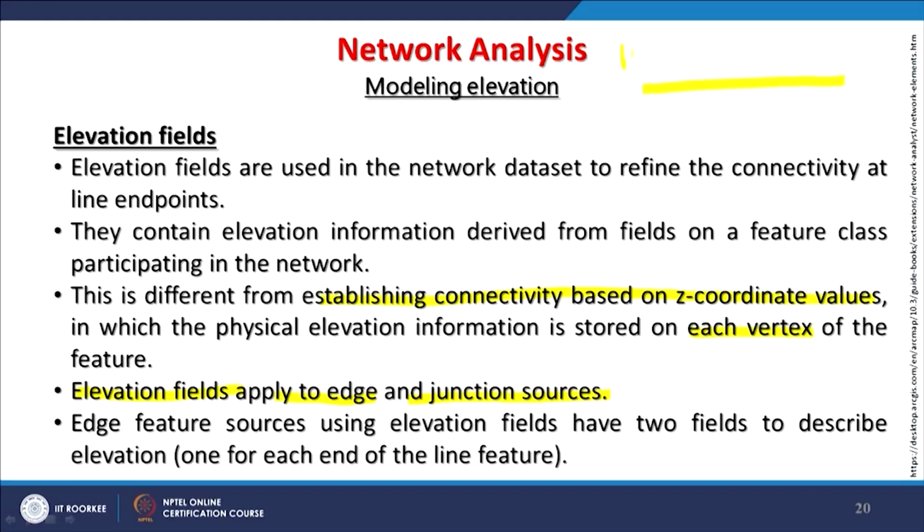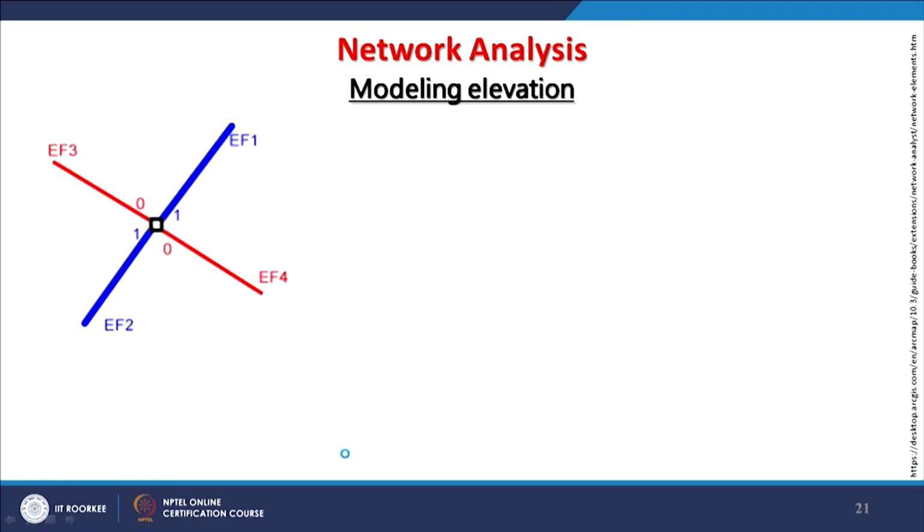So suppose it has 100 meters above mean sea level at one end and 110 at the other. Therefore, for each vertex, elevation information has to be stored, and for a line feature, the information for each end vertex has to be stored. Then you can get even the slope information as well.